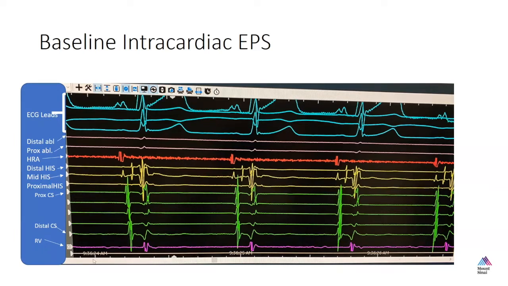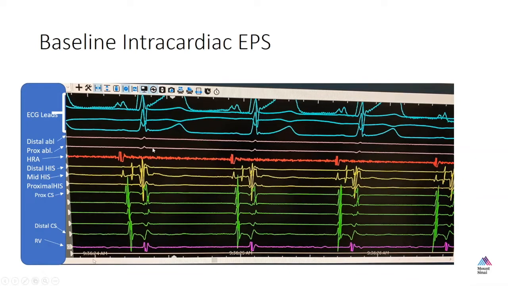Now, when you're looking at an intracardiac tracing, the way that we generally display it in our lab is that we display everything all at the same time, meaning we have both the ablation catheter and all the other intracardiac catheters all at the same time on the screen. They don't all have to be displayed at the same time.